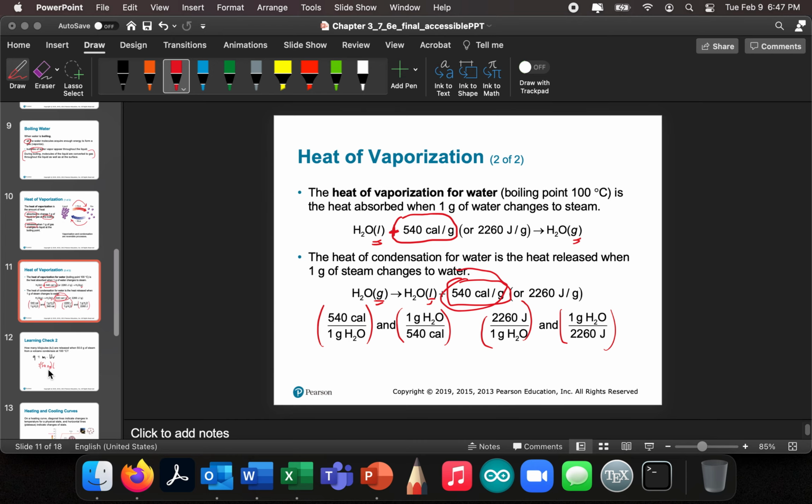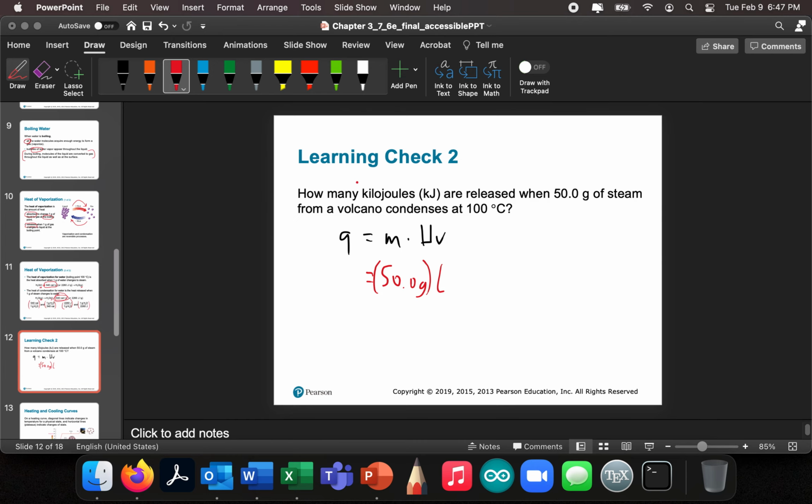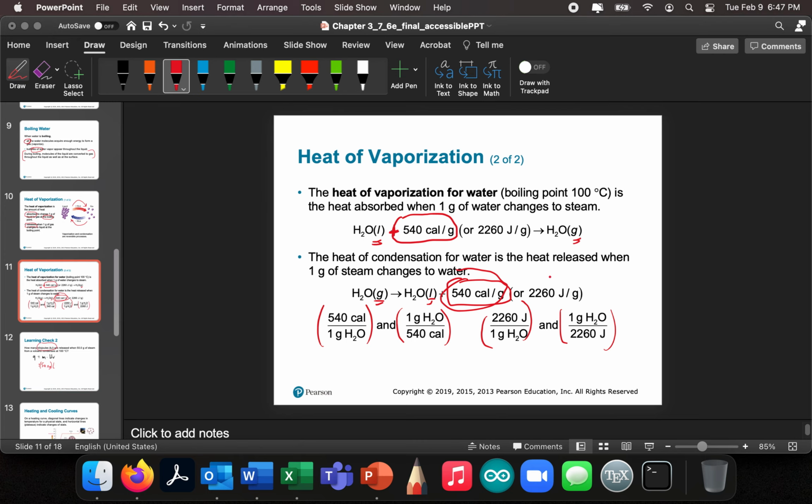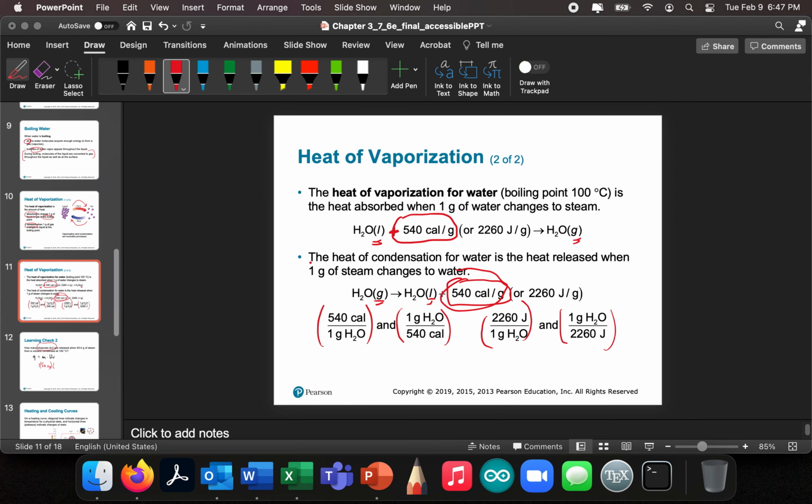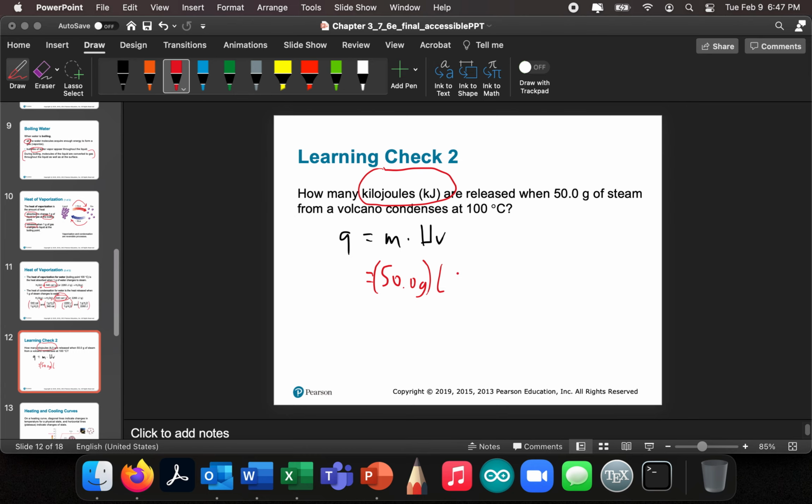Were we asking for joules? Kilojoules, sorry, asking for kilojoules. So let's use this other number here, 2260 joules per gram, right?